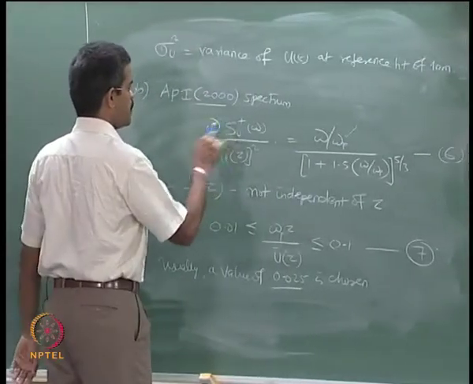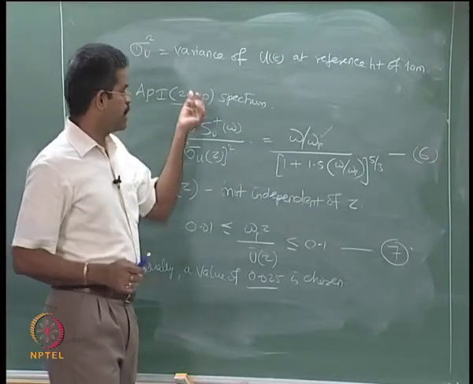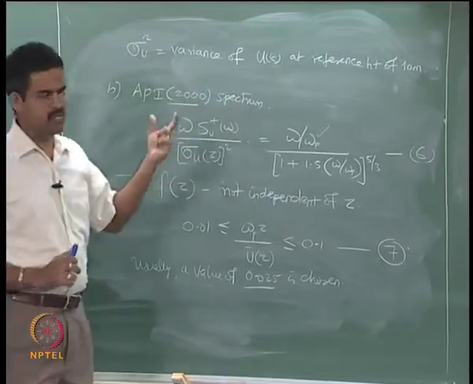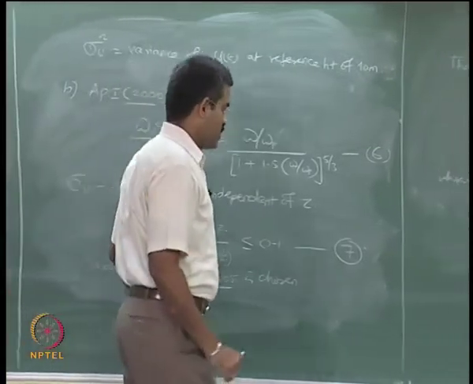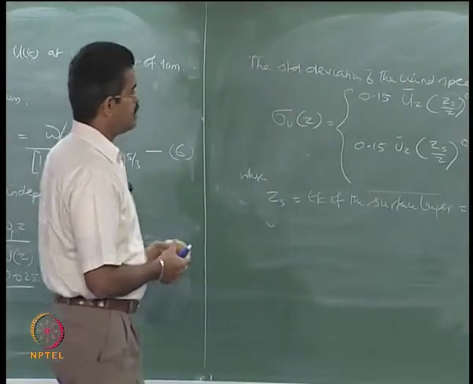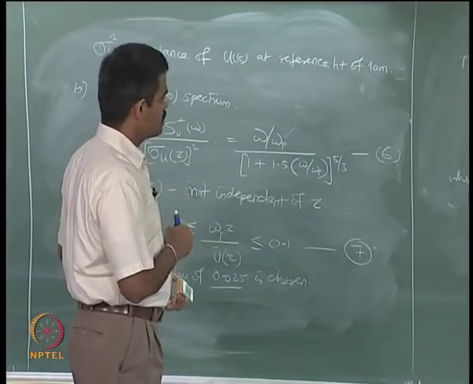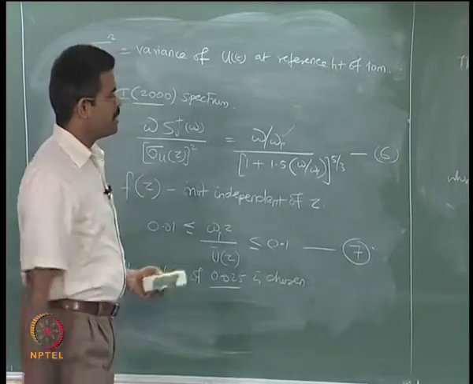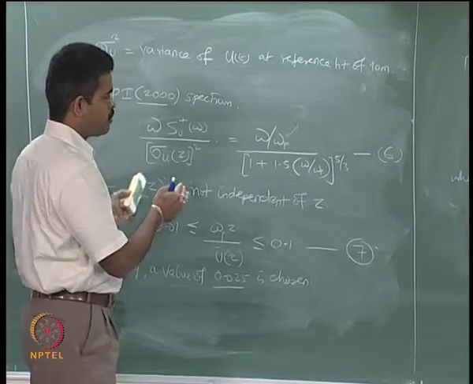For every value of omega you will get S of omega from this equation, which API specifically advises for compliant structures. Let us quickly see the plot variation of Davenport, Harris and, for example, API, and see in which range this particular spectrum is more effective.